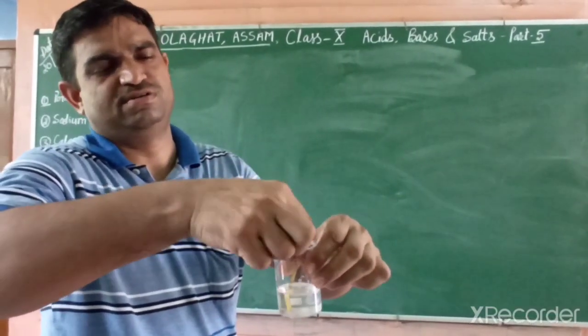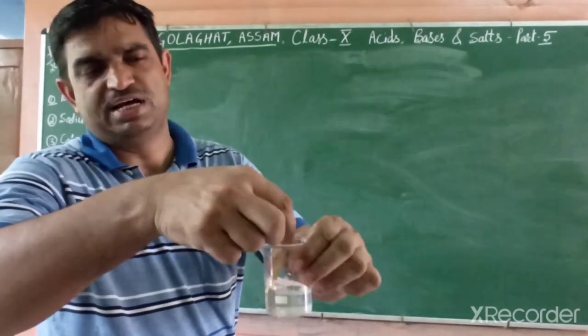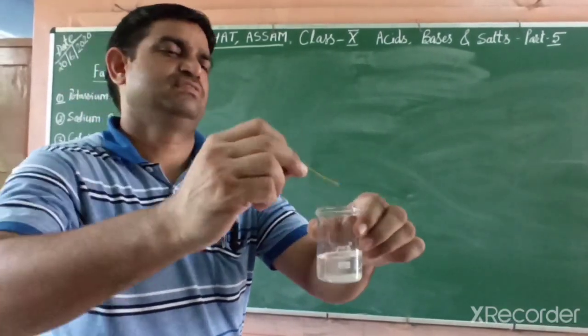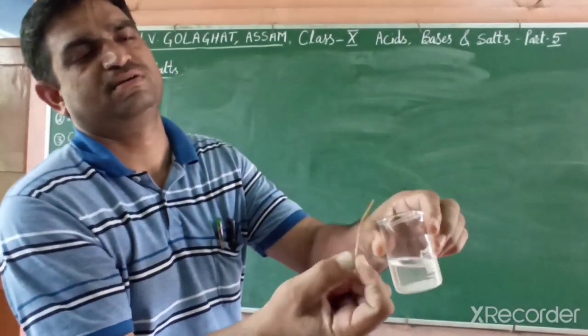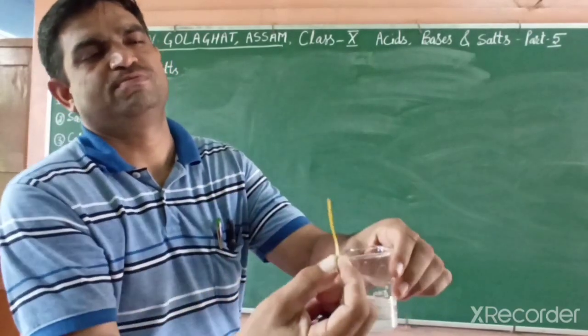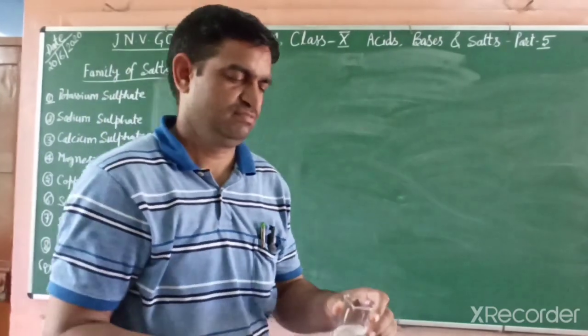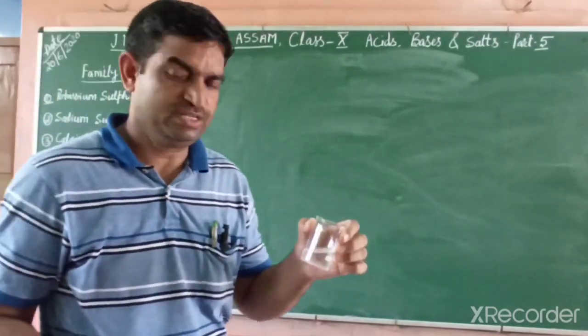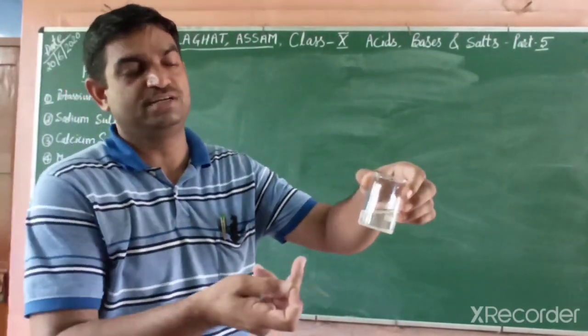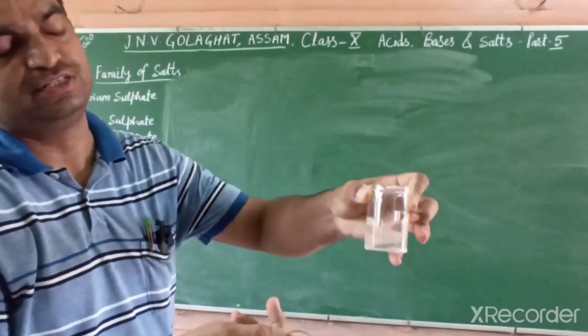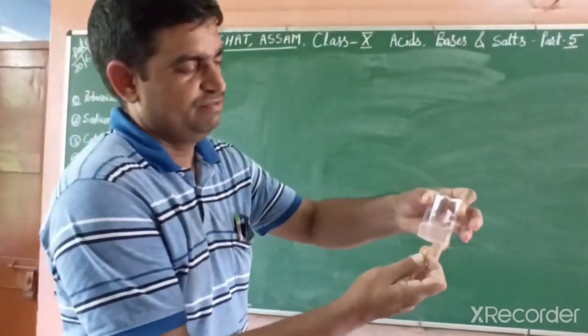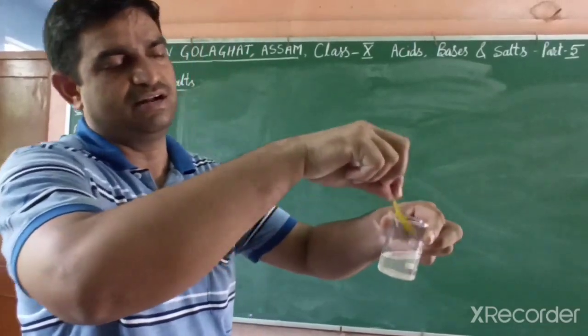So like zinc sulfate, it's slightly yellowish color, means slightly acidic. So it is also a weak acid. Zinc sulfate is made by zinc hydroxide and sulfuric acid. Strong acid and slightly weak base. So this salt is slightly acidic.